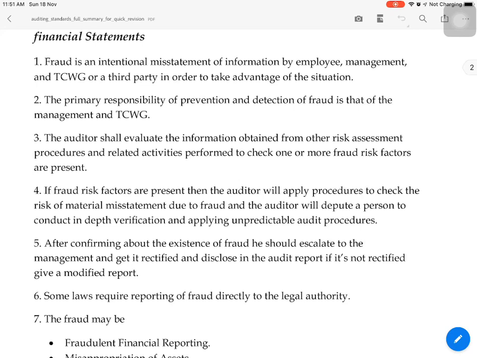Now let's understand what the procedures are and what areas the auditor needs to cover when conducting an audit of an entity. Firstly, it's the auditor's responsibility to maintain professional skepticism and exercise professional judgment during the audit.